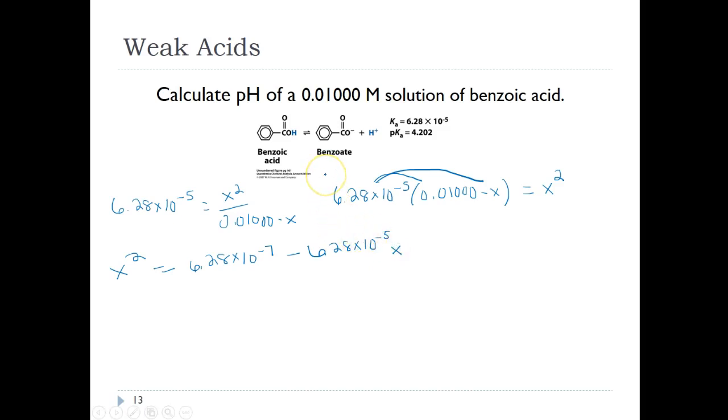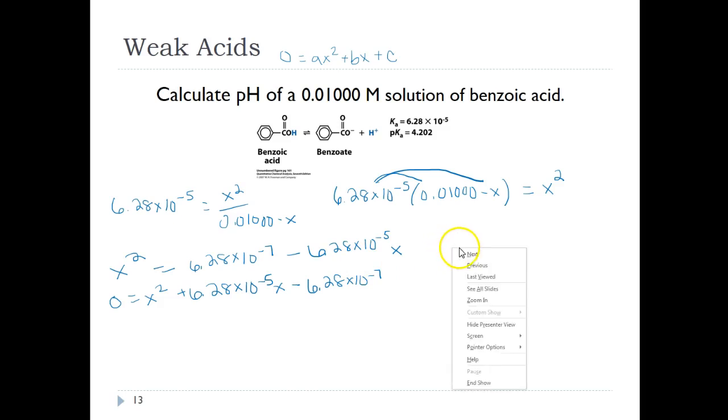Now I need to get it in the format 0 equals ax squared plus bx plus c. So having this all equal to 0, 0 equals x squared plus 6.28 times 10 to the negative 5th x minus 6.28 times 10 to the negative 7th.